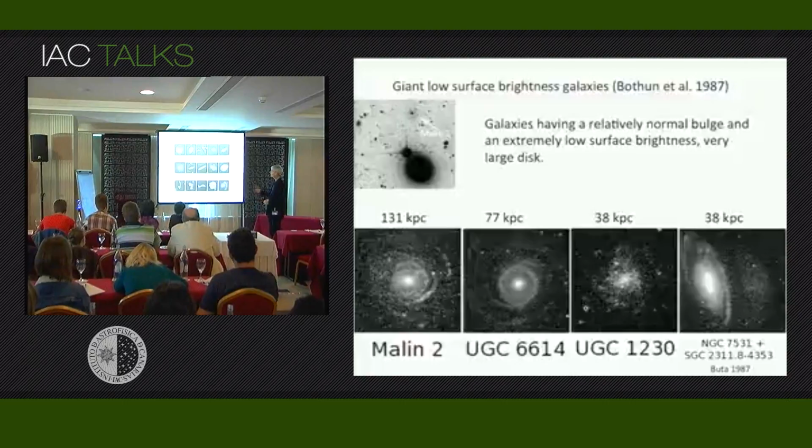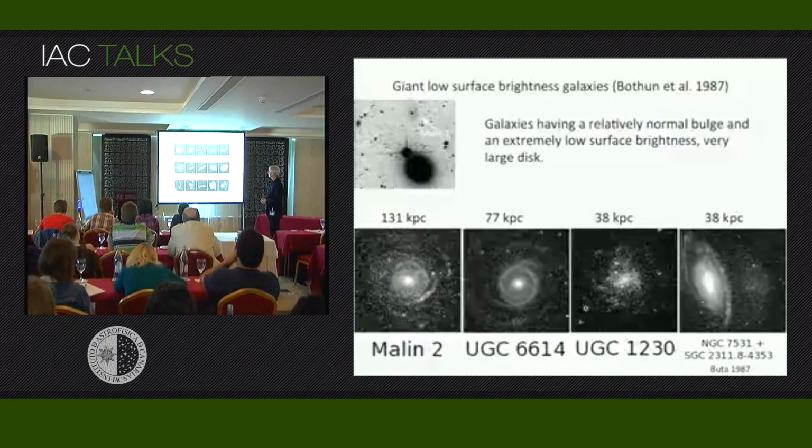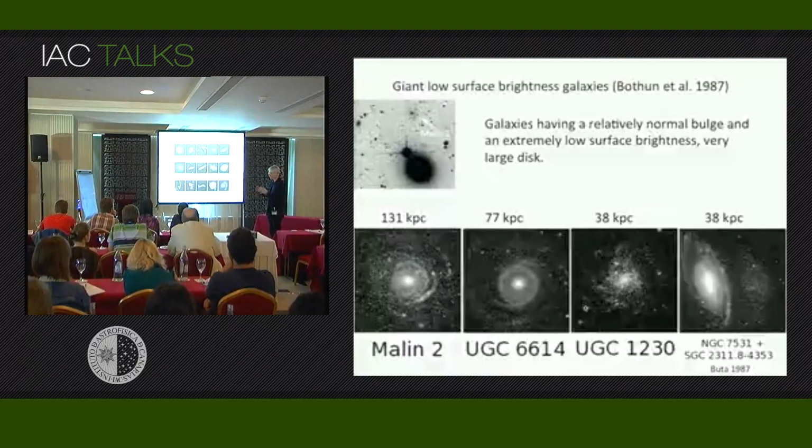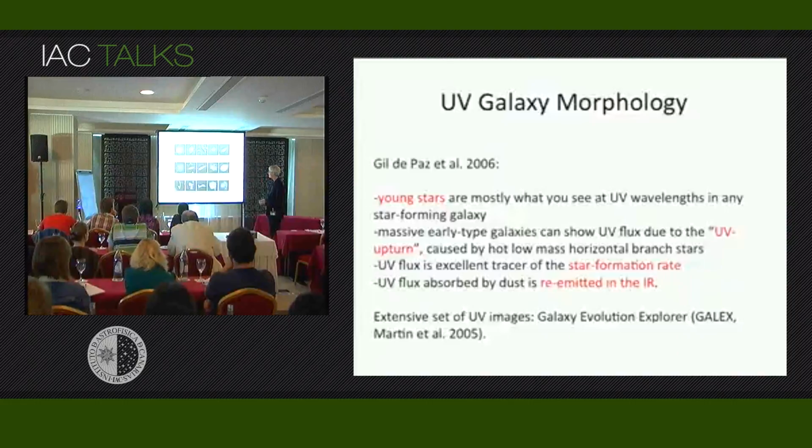It's an interacting system, and it's probably a disrupted lower mass galaxy that came too close to the big spiral. But it's kind of a large low surface brightness galaxy. So these are certainly thought to be important contributors to the galaxy population. It's just hard to see their structure.